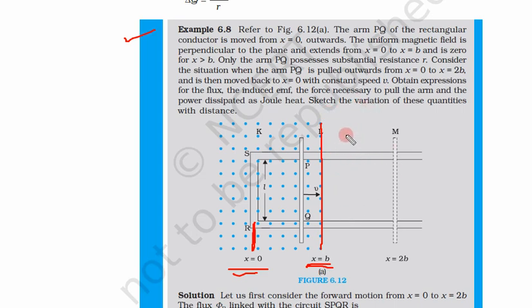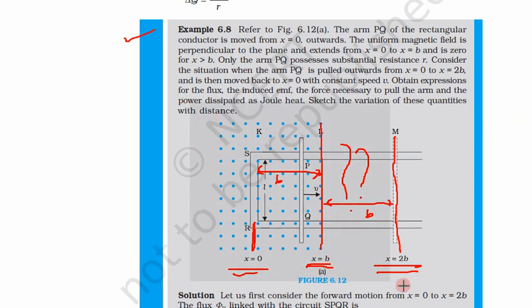Still the arm PQ is traveling, and it travels up to 2b, that means double the distance of the magnetic field. From here to here this distance is b, and it further reaches another b. So the total distance traveled by this arm is 2b, with the magnetic field only over b, and after that without a magnetic field.